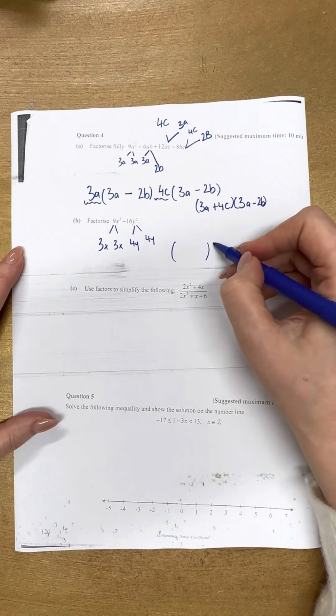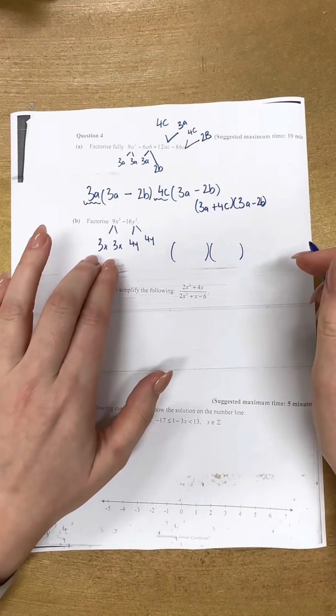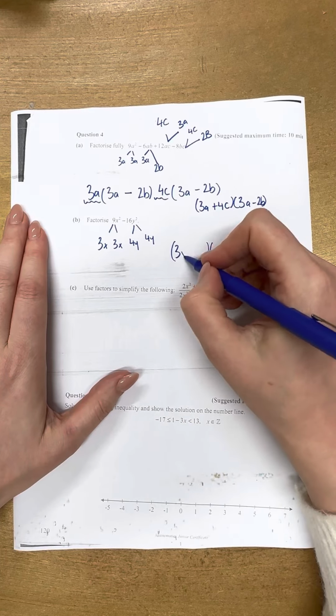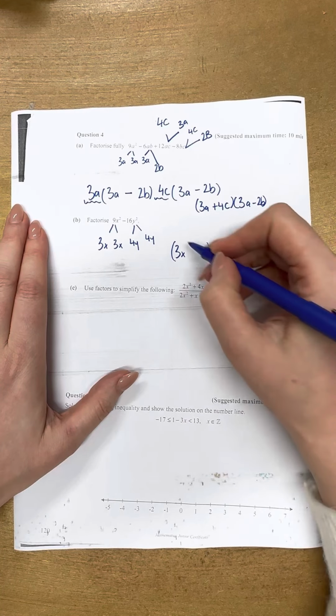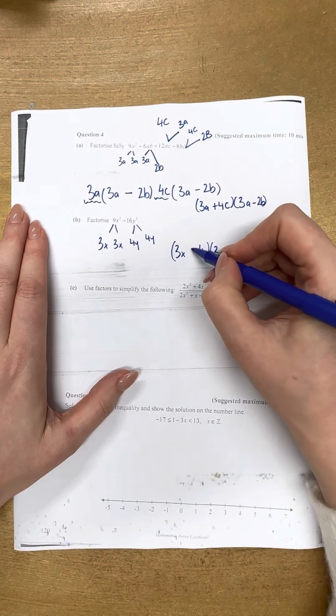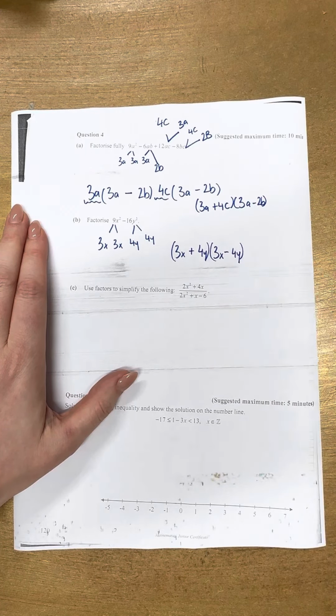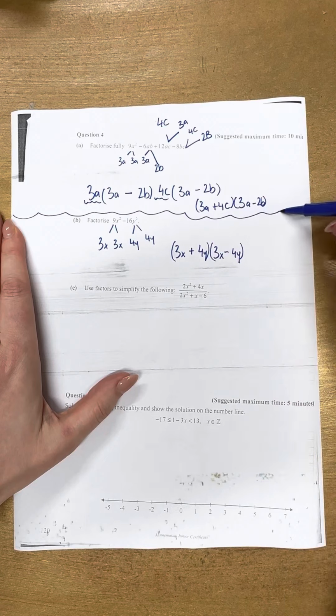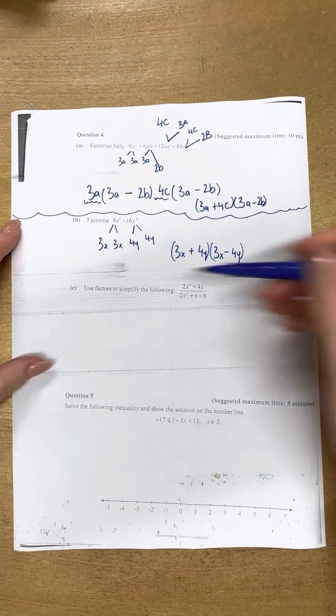I open out two back-to-back brackets. I've got a double and a double. 3x in the front of each, a 4y in the back of each. One will always be a plus, the other will always be a minus. So we practiced those last week in class, kids, the rule of doubles.